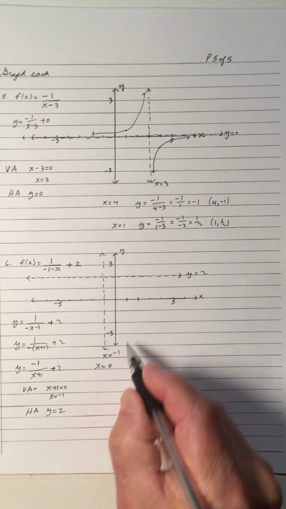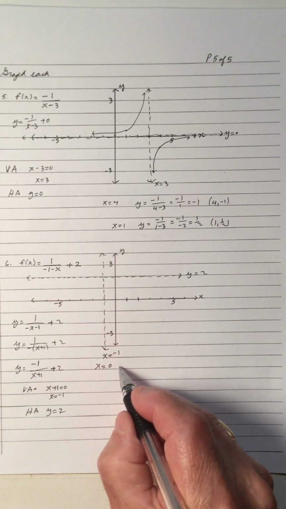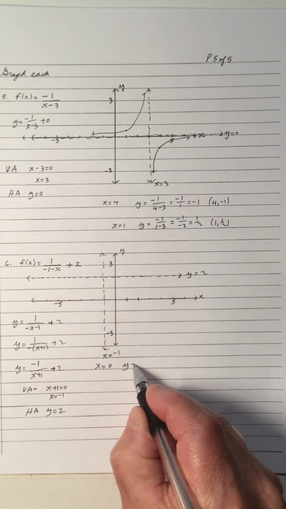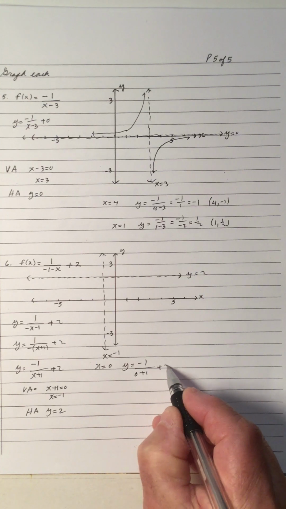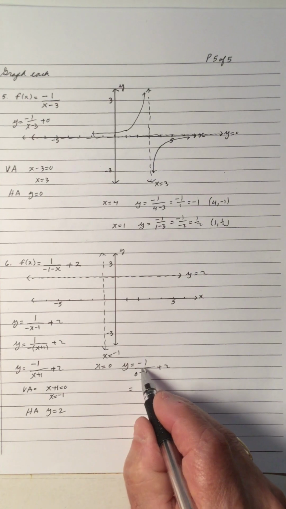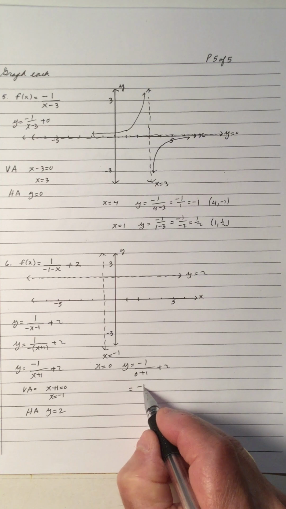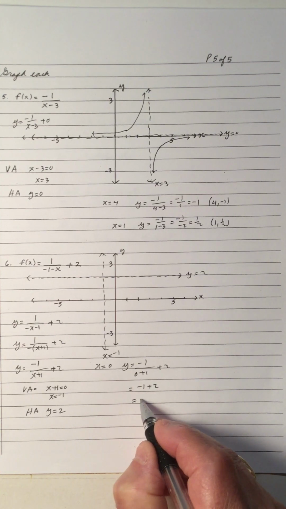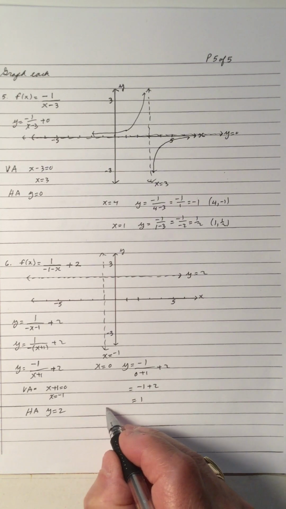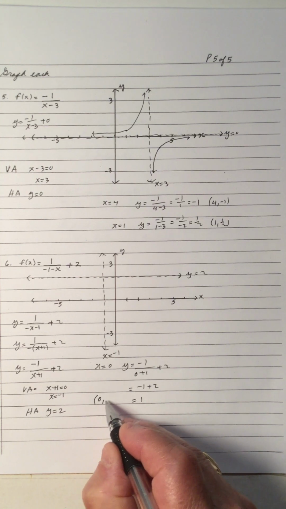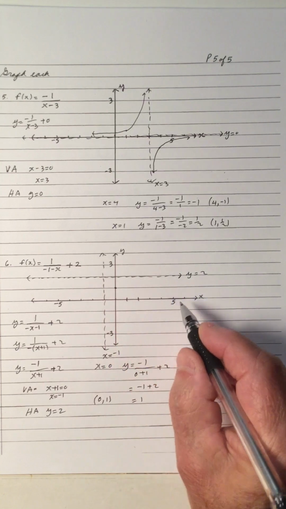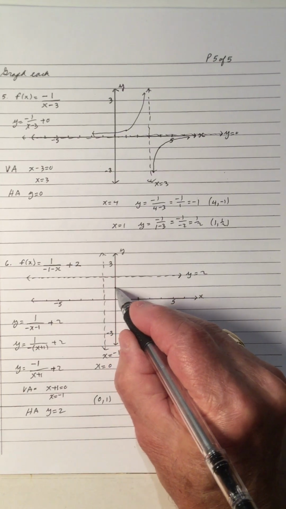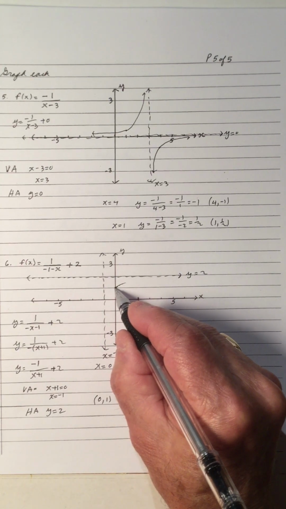If x equals 0, we get y equals negative 1 over 0 plus 1, plus 2. That means we get negative 1 over 1. That's negative 1 plus 2. So y is 1. So that means we have the point x is 0, y is 1. So we're right there. So it looks like we're in this quadrant.